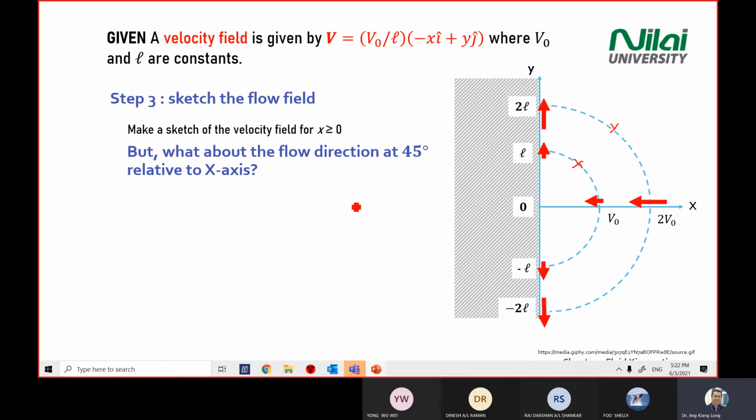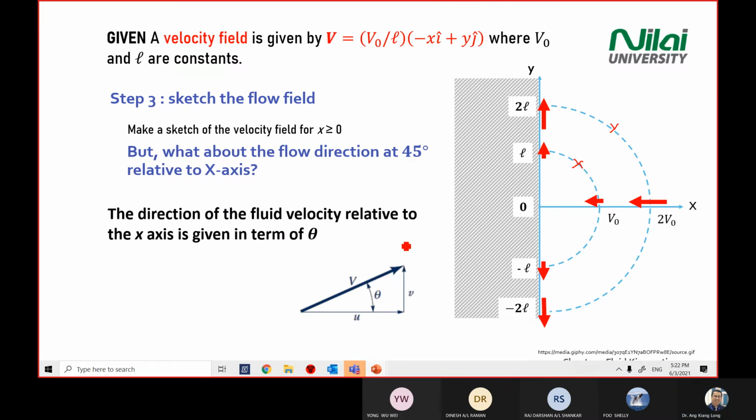Pay attention, Dinesh and Raj. So at 45, before understanding what is 45, you recall the trigonometry equation where you can expand this diagram into tangent theta. So the angle of the vector can be arctan v divided by u.